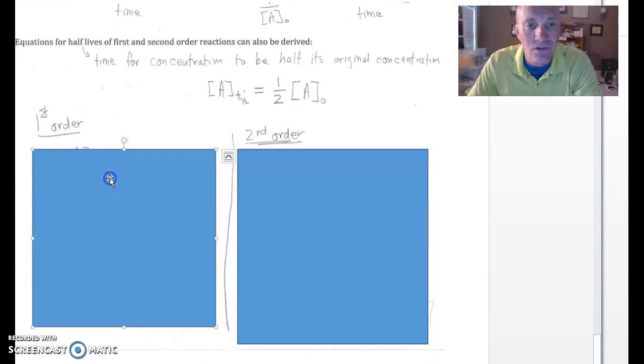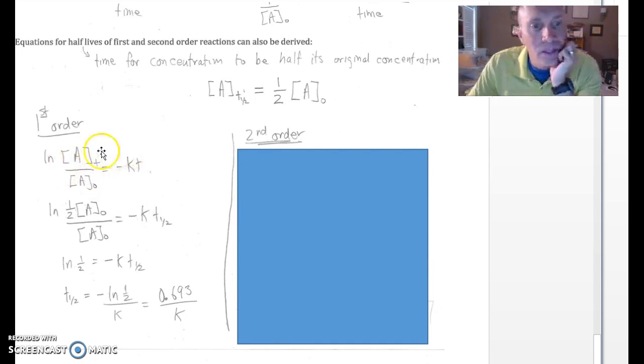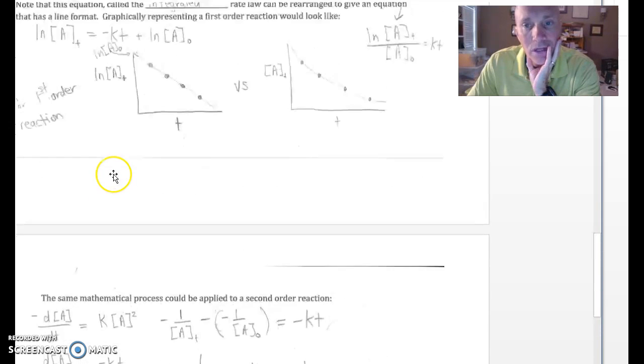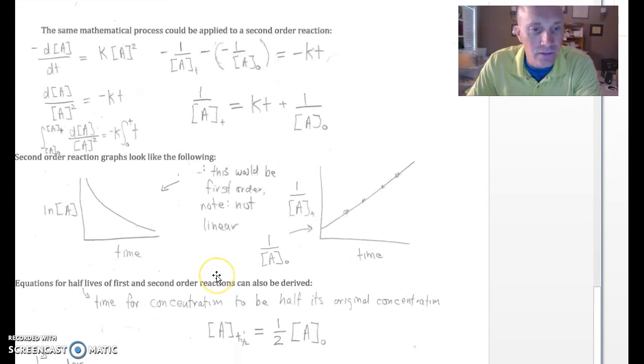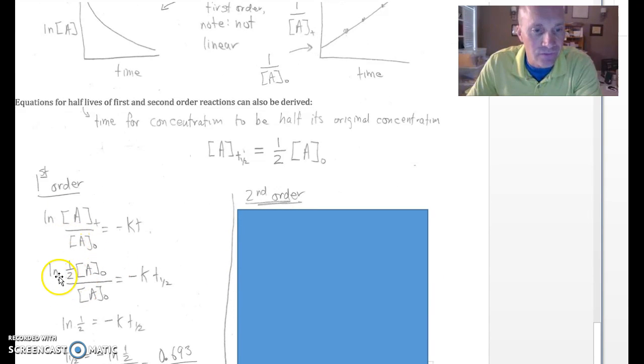We're going to be using the other version of the integrated rate law, which can be expressed using the natural log rules as ln of this quotient here. We're going to be using that version.